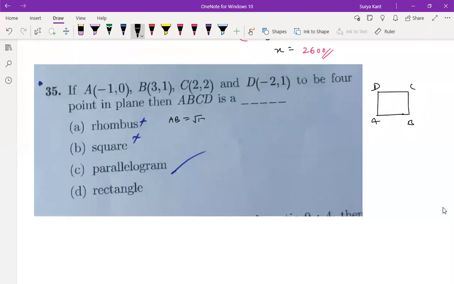Then BC will be 1 and 1, so root 2 will come. 3 minus 2 and 2 minus 1. Yeah, root 2 only.